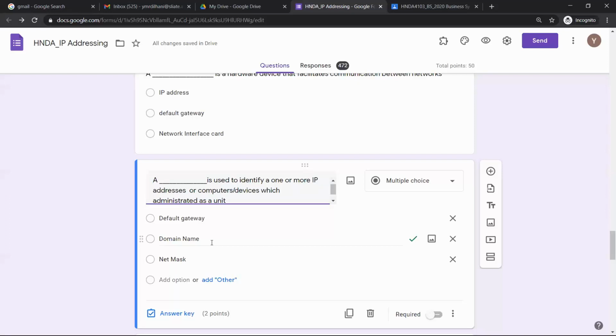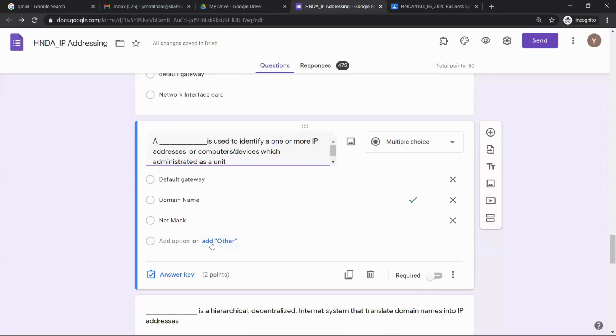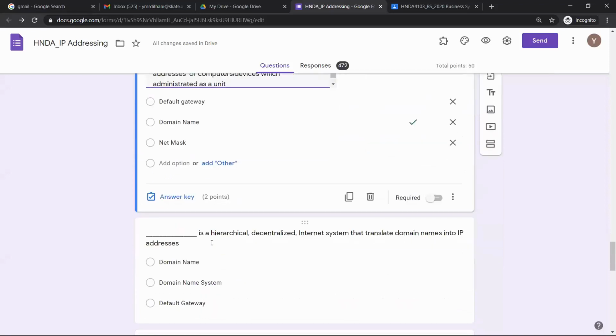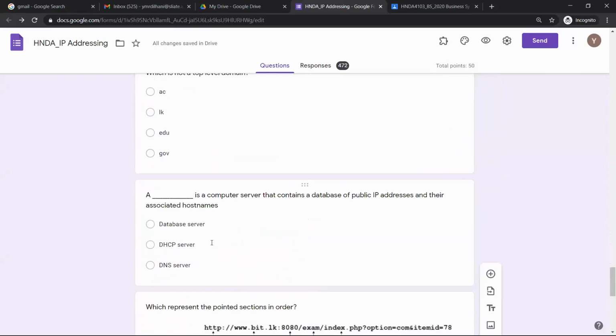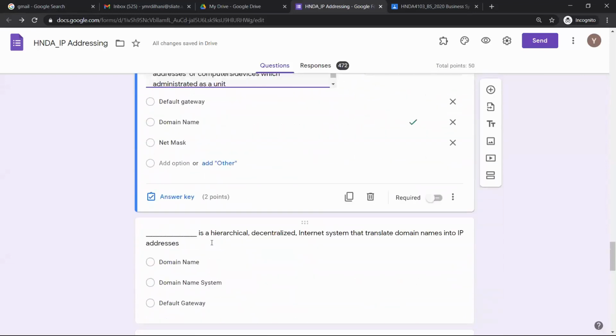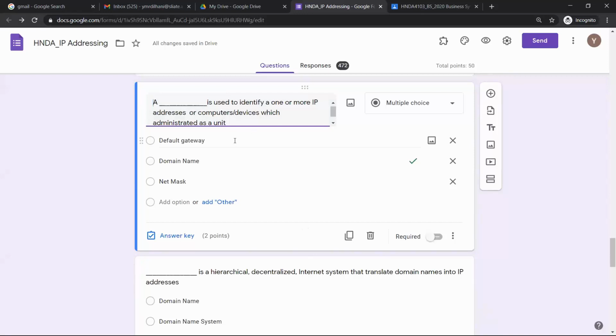So when you have a domain name, under that domain name you can have subdomains as well. I think that question was there down below, right? So we'll go into that question later. So for this one, just remember that a domain name is the one which is used to identify one or more IP addresses, right? So it will usually represent a specific unit, right?